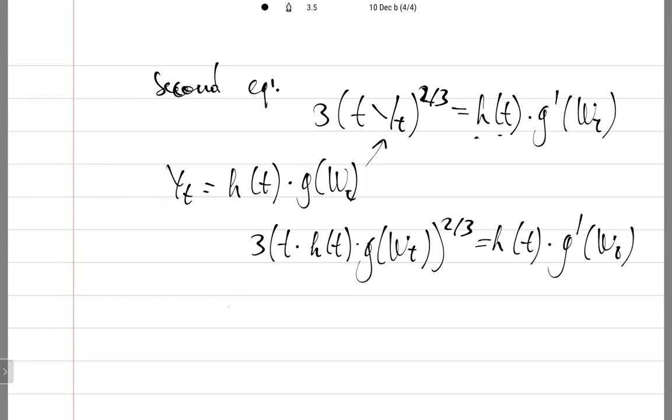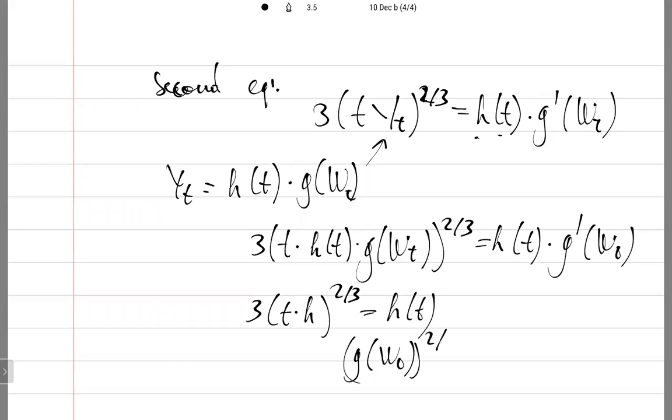So now we have 3t times h to the power 3 over t. We will say that it's h of t and g of wt to the power 2 over 3. We will call it g prime of wt.